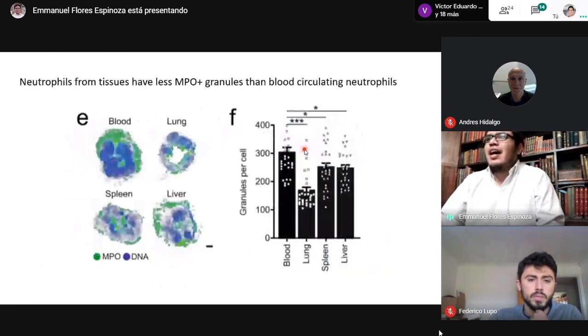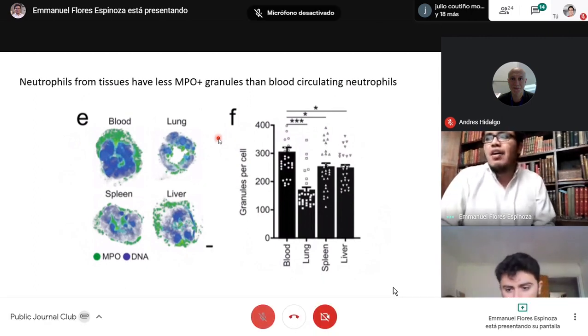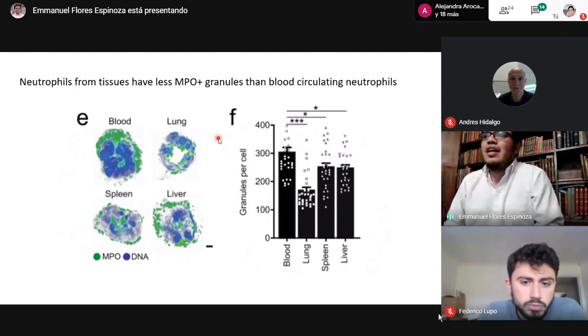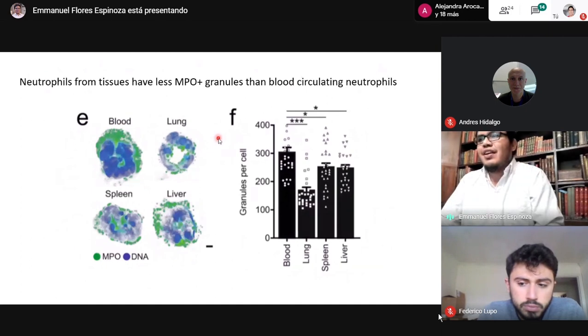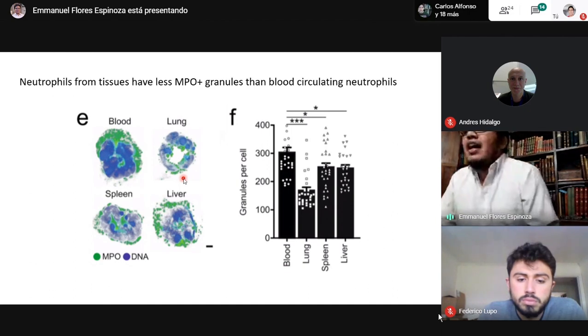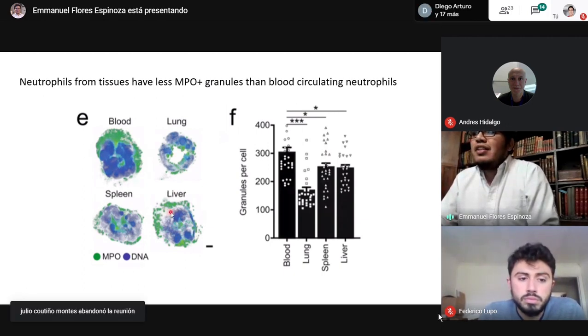And then they wanted to know if the neutrophils present in different tissues have more or fewer granules, and they saw that indeed the lung, spleen, and liver neutrophils, which are tissues that have neutrophil infiltration in steady state, despite the neutrophils infiltrating these tissues, have not the same quantity of granules as the blood neutrophil cells.